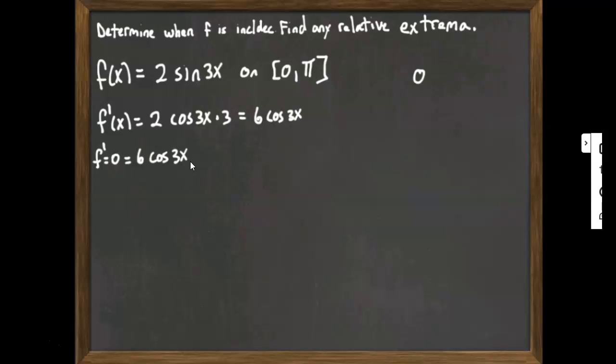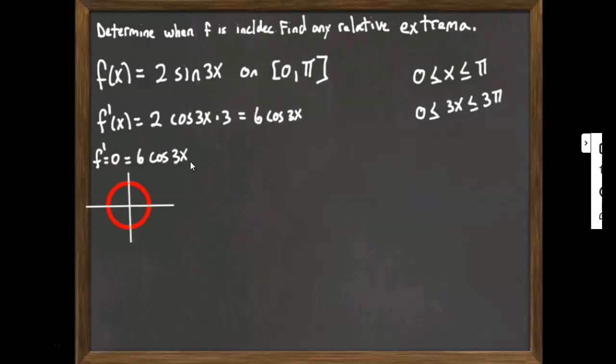So since x ranges between 0 and pi, the angle that we're dealing with, 3x, is going to have to range between 0 and 3 pi. So when we start finding solutions for cosine 3x equals 0, I need to find all the solutions that are between 0 and 3 pi. Now remember, 2 pi is one full turn about the circle, and so 3 pi would be another half turn.